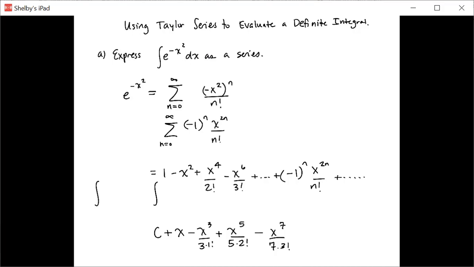the pattern very clear. And in general, what is the pattern? You have odd powers, alternating sums, odd powers, 2n plus 1, and then you have the odd number that matches the power out in front of the n factorial.